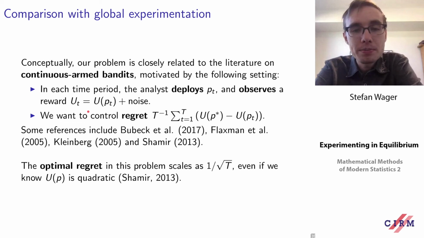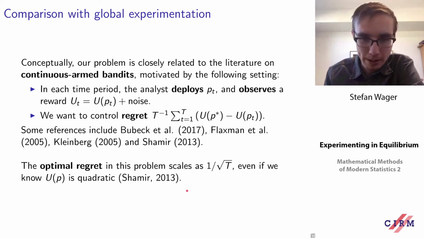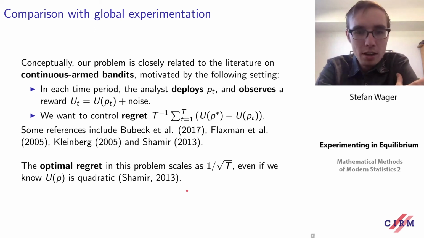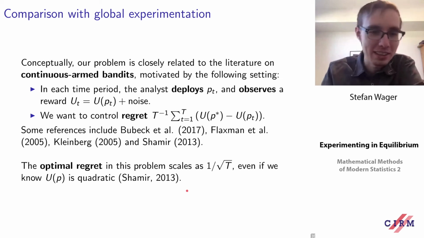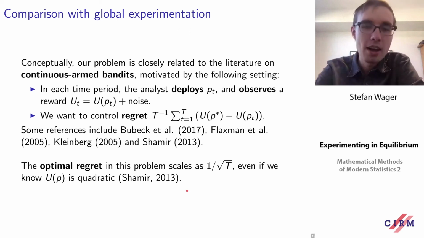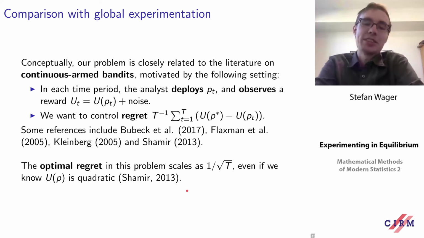There's a lot of literature on this. It's a paper by Shamir that shows that the optimal rate of convergence in this problem is like 1/square root of T. I should say that the optimal regret here is square root of T. And this is even if we know that U of P is quadratic, whereas we were getting 1/T rates of convergence.